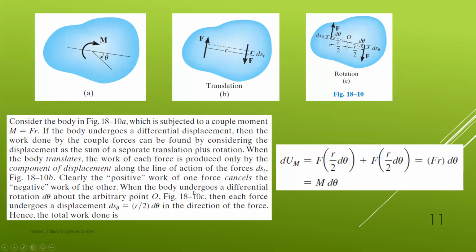When the body undergoes a differential rotation d theta about the arbitrary point O, then each force undergoes a displacement in the direction of the force. Hence, the total work done is here on the right hand side.